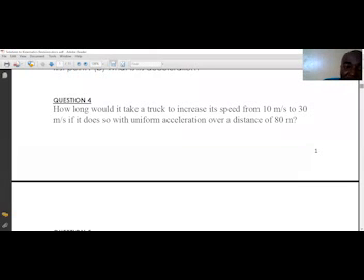I reminded you last time that when there's just a mention of uniform acceleration, it means you can use the equations, because people get lost when they see the word acceleration. They think the first thing to do is find the acceleration. Yes, you can start with finding the acceleration using the third equation of motion.